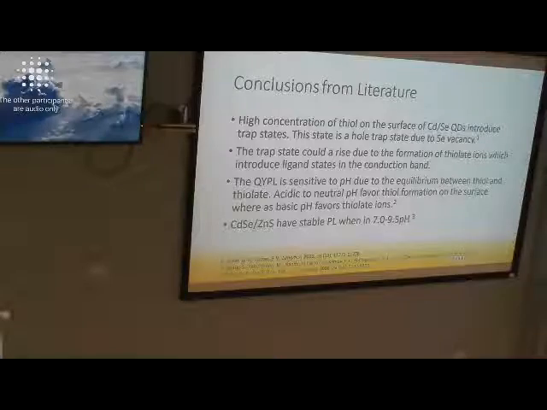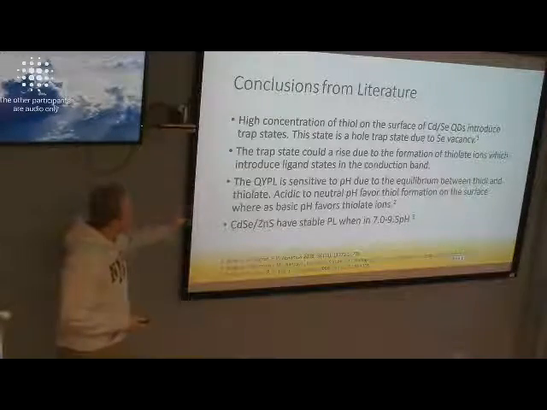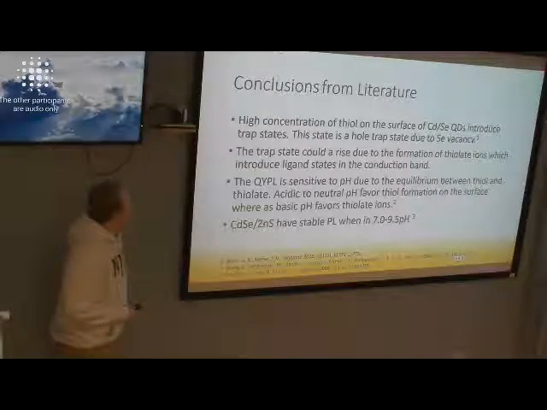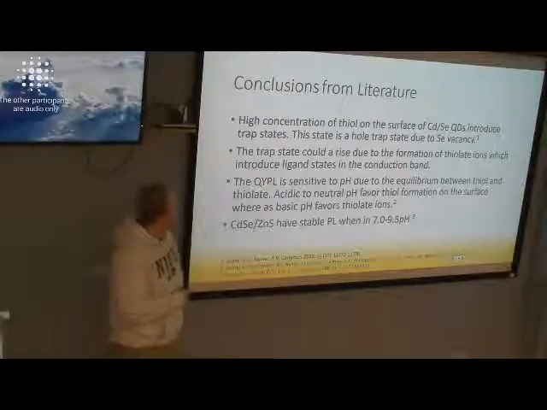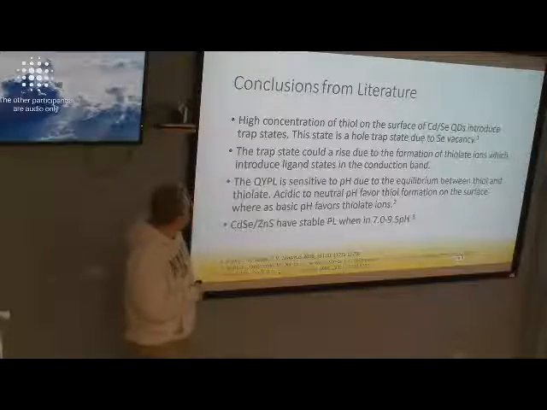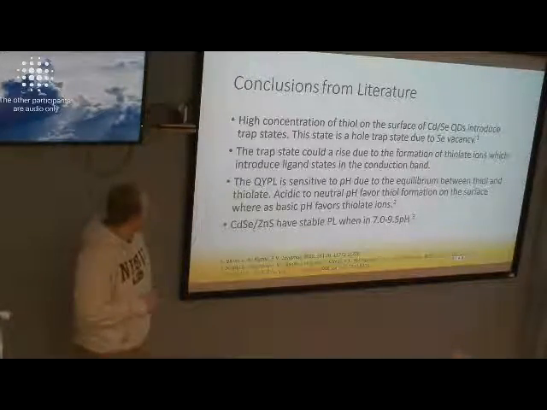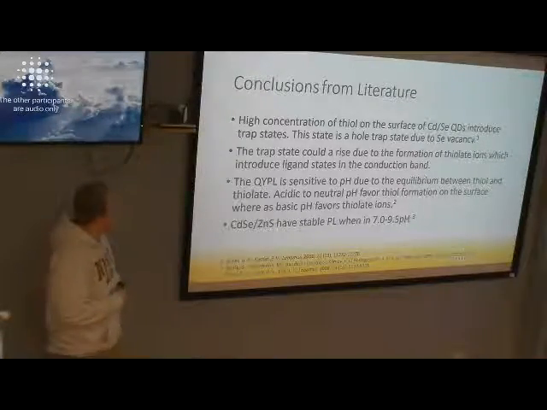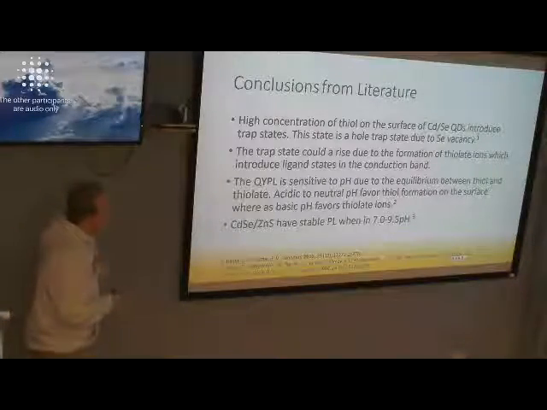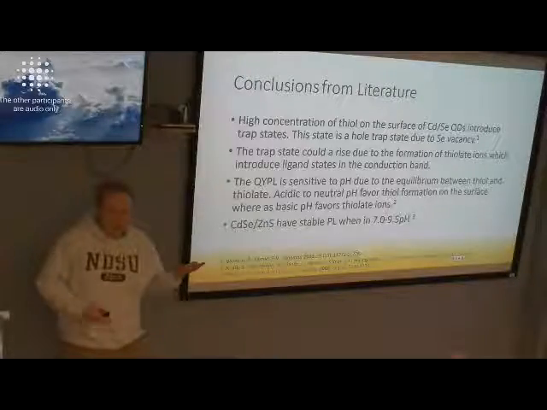So then the conclusions: a high concentration of thiol on the surface introduces trap states. The trap states could be reduced by forming the thiolate ion. The quantum yield of photoluminescence is sensitive to the pH. This is due to the equilibrium between thiol and thiolate.